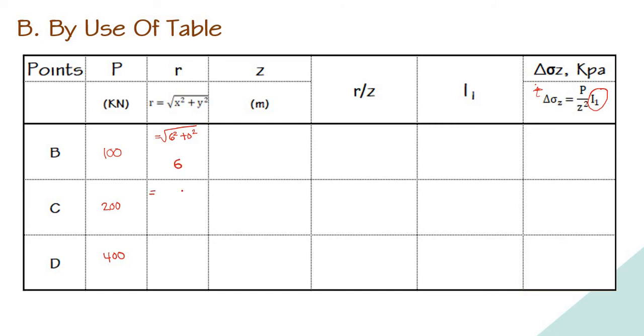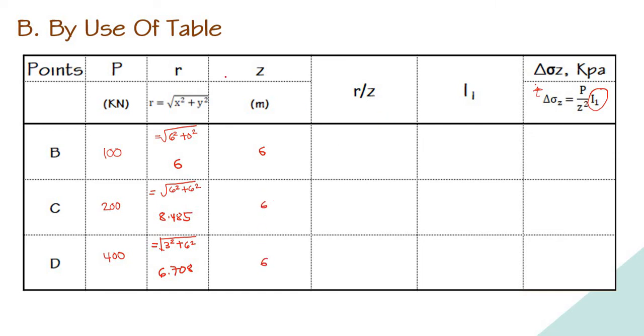For point C, this is the square root of 6 squared plus 6 squared, so this is simply 8.485. And then at point D, this is the square root of 3 squared plus 6 squared, so this is 6.708. And then we know that the depth of the sample is 6 meters.